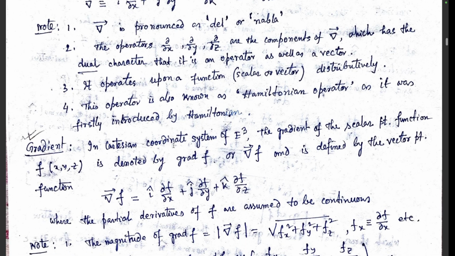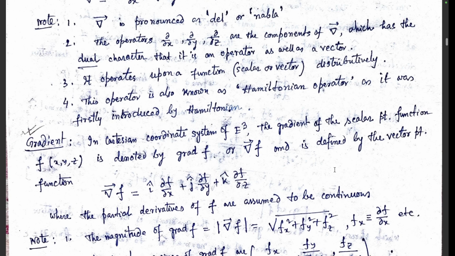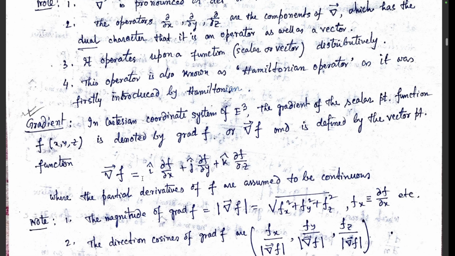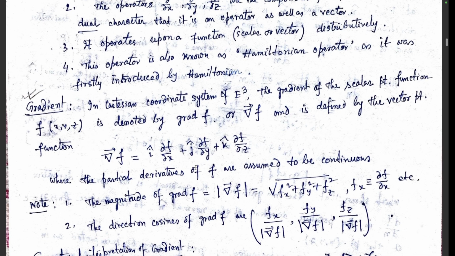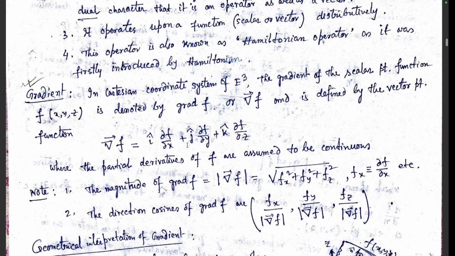The gradient in the Cartesian coordinate system in E3, the gradient of the scalar point function f(x,y,z), is denoted by grad f and is defined by the vector point function grad f equal to i del f del x plus j del f del y plus k del f del z, where the partial derivatives are assumed to be continuous.